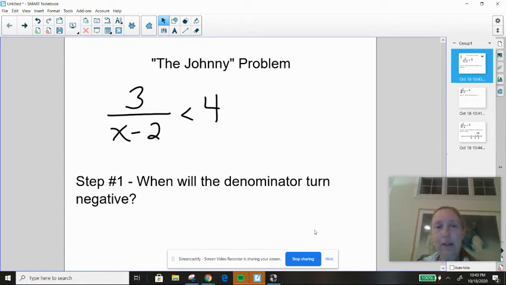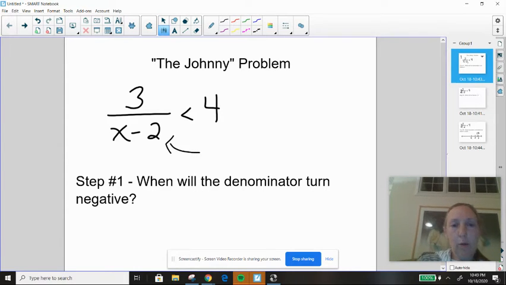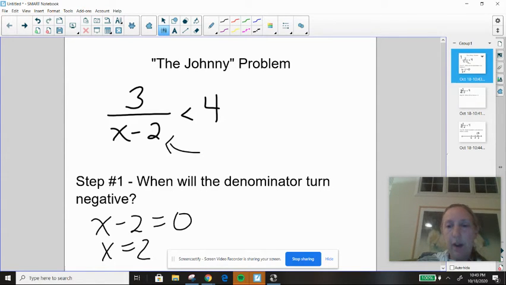Anyway, here we go. The first thing we're going to do is find out when this fraction turns into a negative number. So I'm looking at the denominator and I'm saying what would make that turn into a negative. Well, I know that when x minus 2 is equal to 0, that x would be 2. And if I went anywhere on the number line below 2, let's try 1, 1 minus 2 is negative 1.